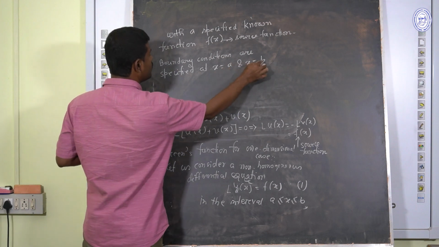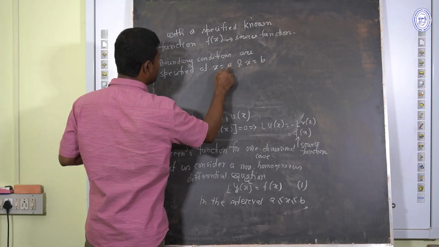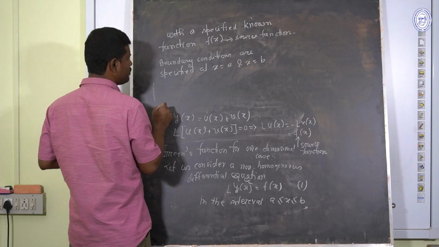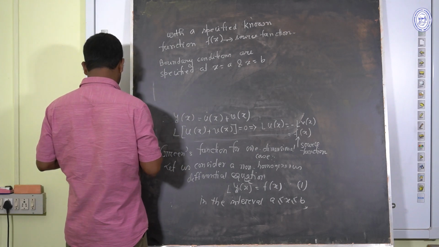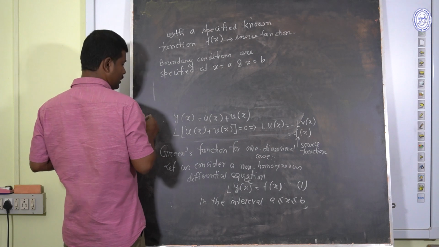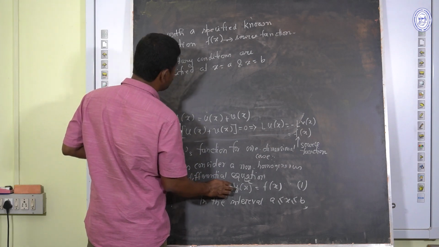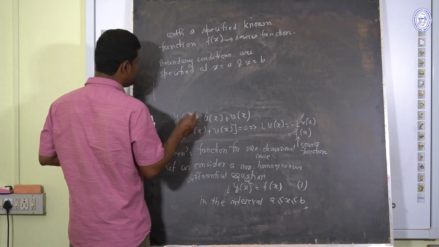These are the two limits of x, lower limit equal to a and upper limit equal to b. And to solve this non-homogeneous differential equation, we introduce a Green's function.